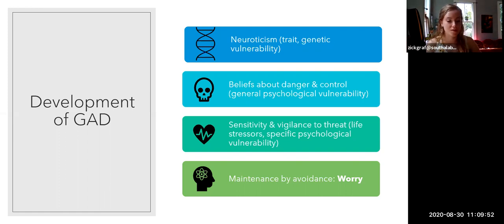So experiencing a lot of stress can confirm someone's belief that the world is dangerous and that they can't control stress. So whereas disorders that have a specific conditioned fear stimulus tend to have specific conditioning events, GAD can sometimes come on slowly, because it's generalized, it's not tied to a specific life event or a specific situation.